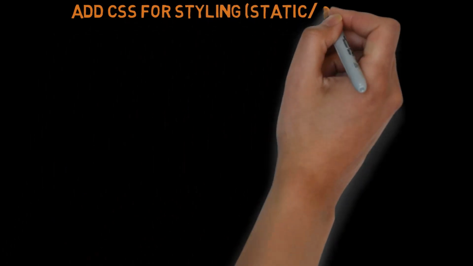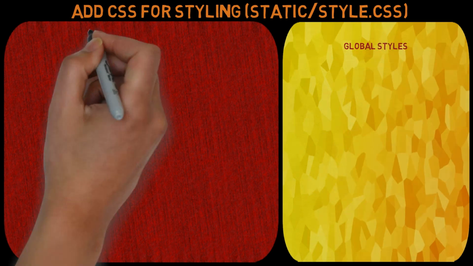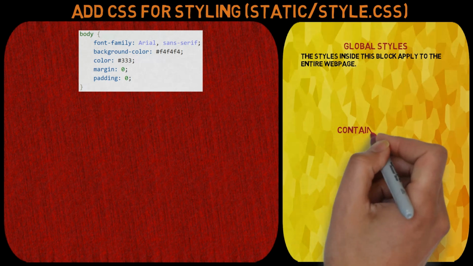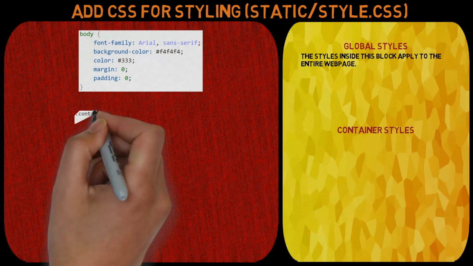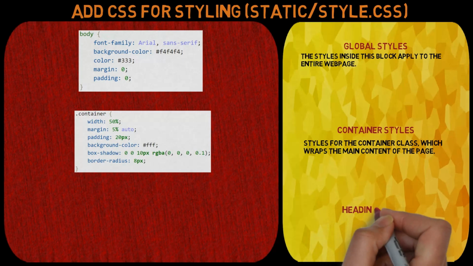Add CSS for styling. Global styles. The styles inside this block apply to the entire web page. Container styles. Styles for the container class which wraps the main content of the page. Heading styles.